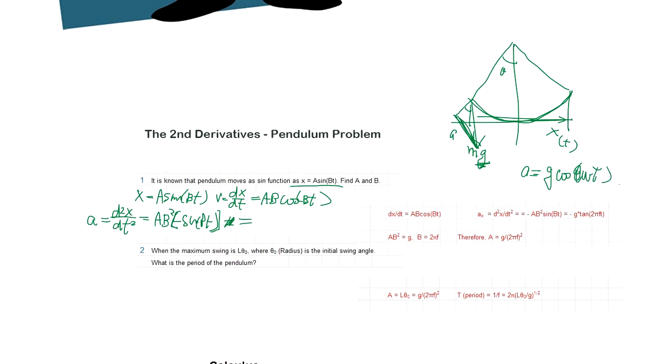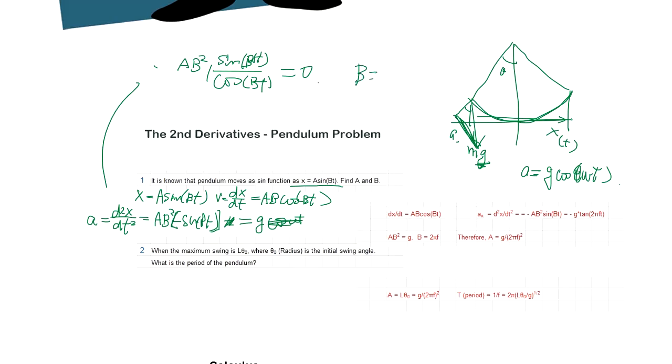So you have g cos omega t, bring it here, the ab squared sine bt over cosine bt, and this is a negative direction, so the negative cancels out to 0, right?